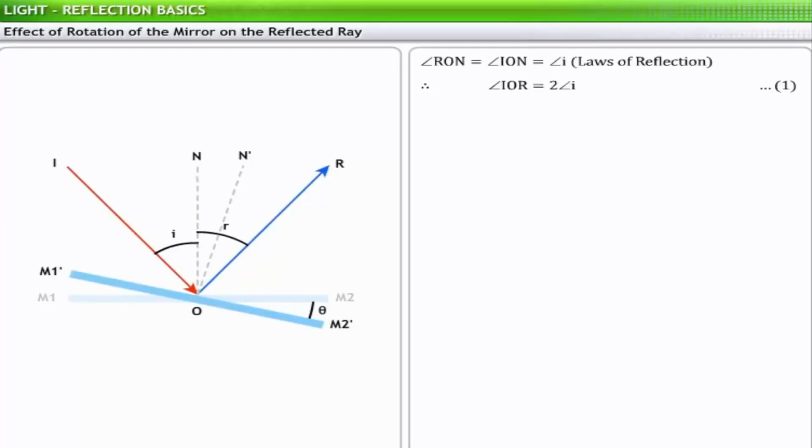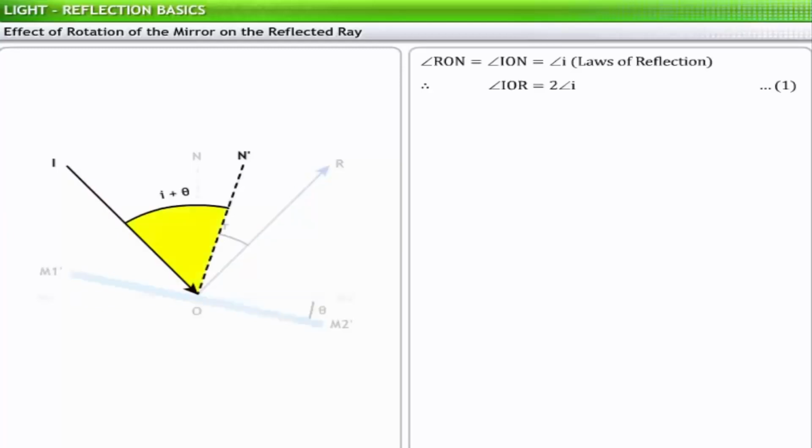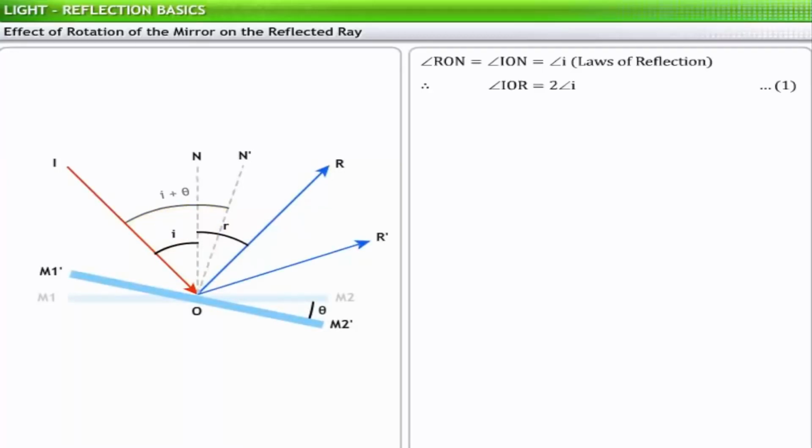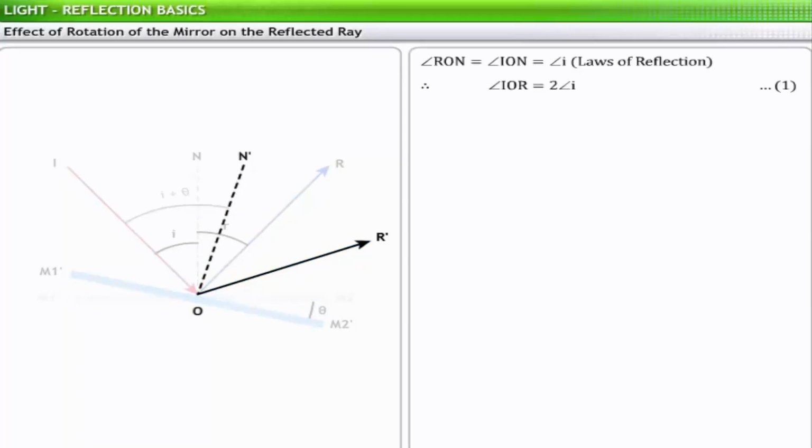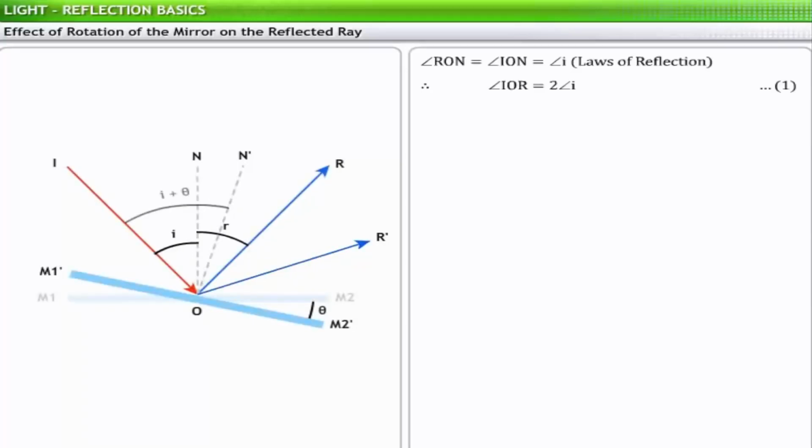The position of the incident ray remains the same, but the new angle of incidence is angle ION'. Angle ION' equals I plus theta. Let OR' be the reflected ray such that angle N'OR' is the new angle of reflection.